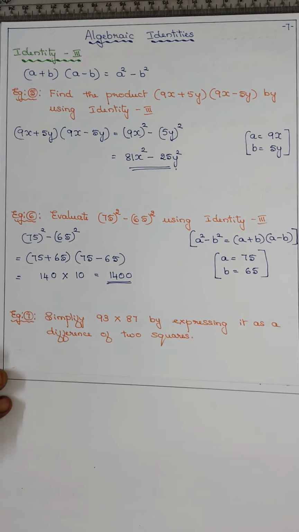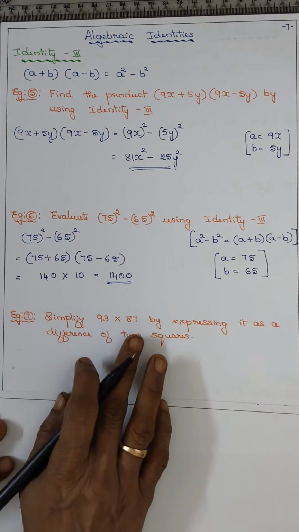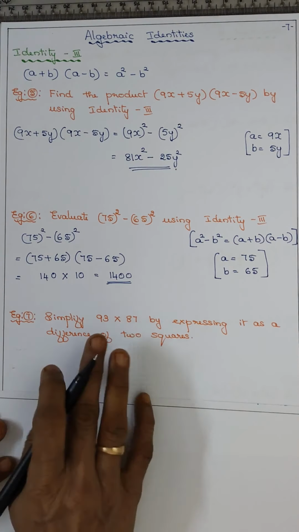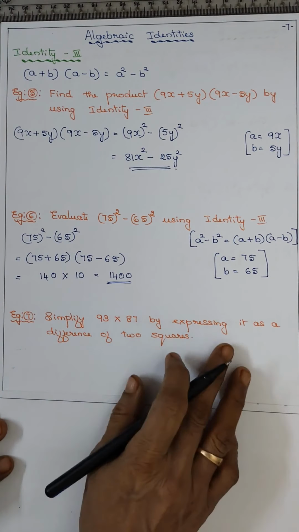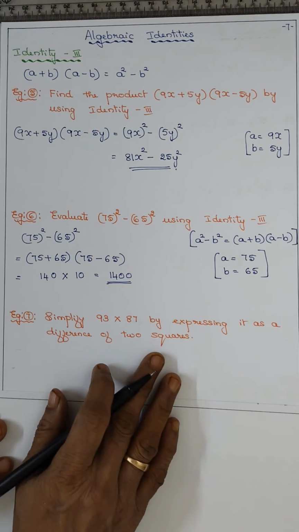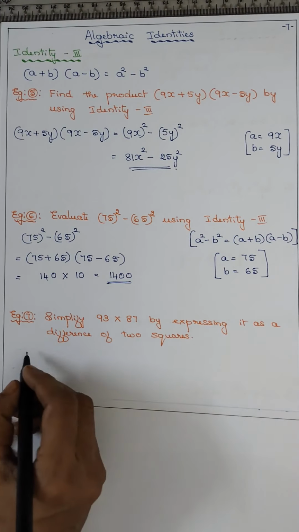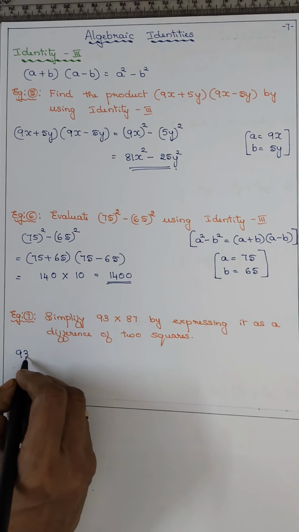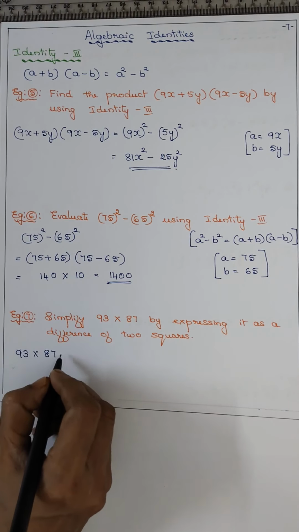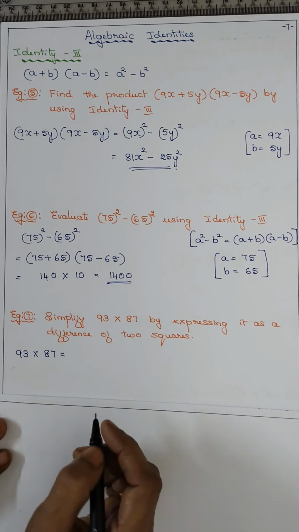Now coming to the 7th example, 93 into 87. You have to simplify by expressing it as a difference of two squares. How? 93 into 87, it is a plus b, a minus b.